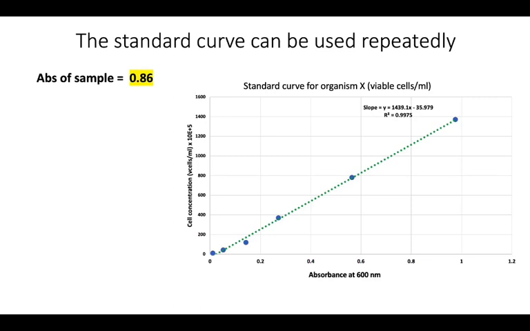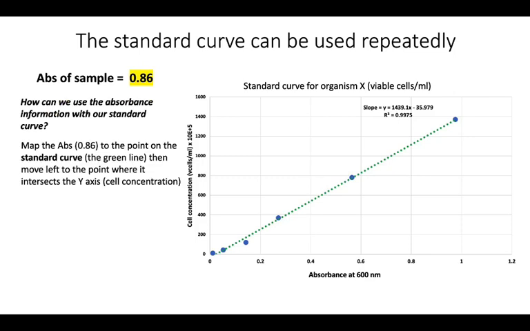Here's a graph that we've used for that. It's slightly different than the one that you've seen. And again, we have our absorbance of 0.86, and we're going to try to figure out how to use our graph to take that number and convert it to cells per mil. So what we're going to do is find out where that maps on our x-axis, 0.86, because that was an absorbance reading.